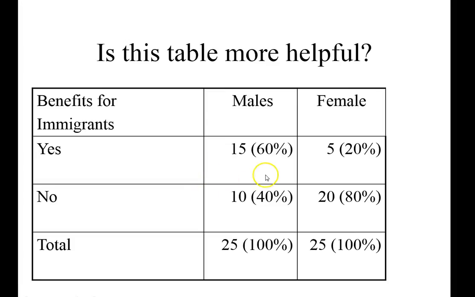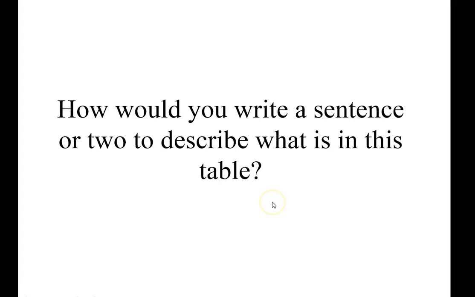Males are more likely than females to recommend decreasing benefits for immigrants. You can do it however you want within your sentences. You can even use the percentages within a sentence, that males are twice as likely to want to reduce benefits for immigrants.